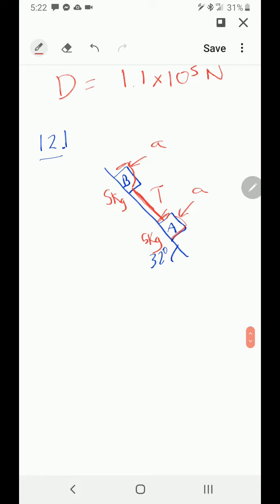I think in this problem what I got wrong, because I just missed 1 point in this question, is that, well, to get the acceleration, obviously you need to use a free body diagram.